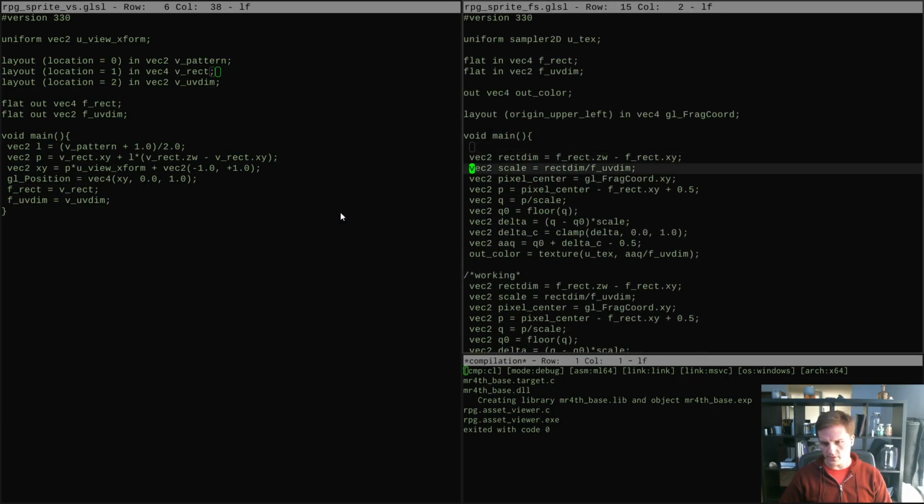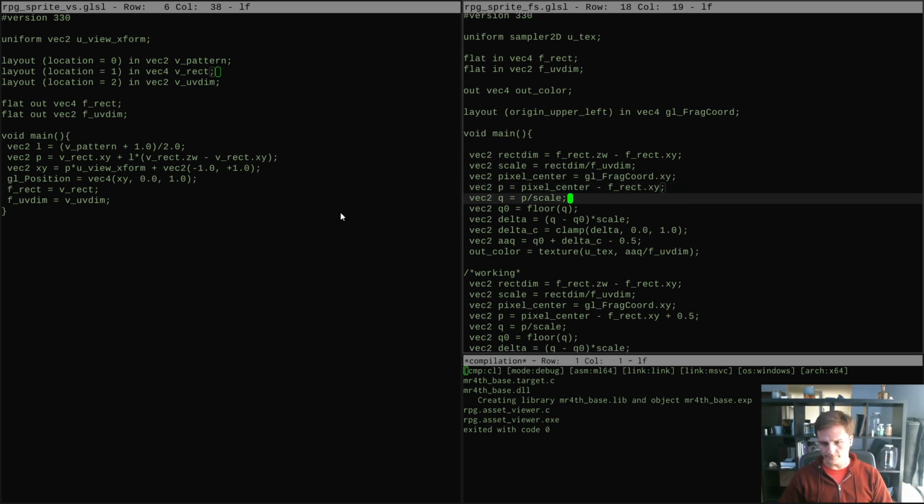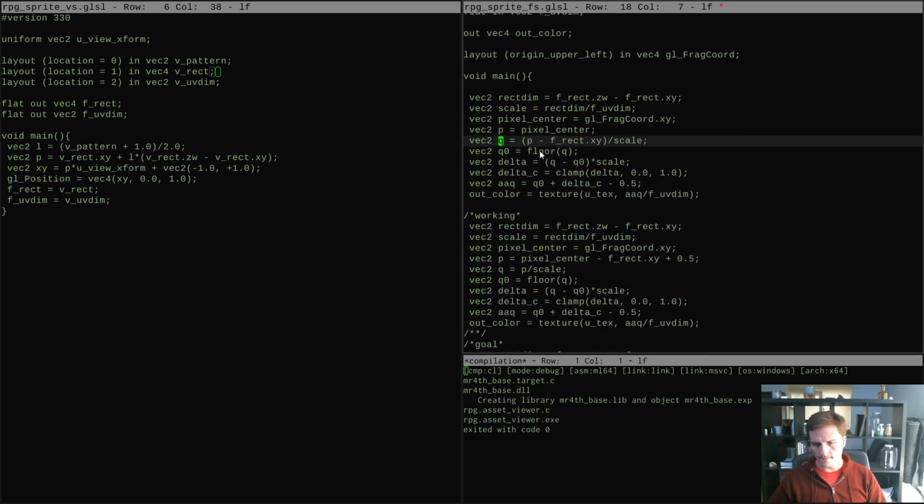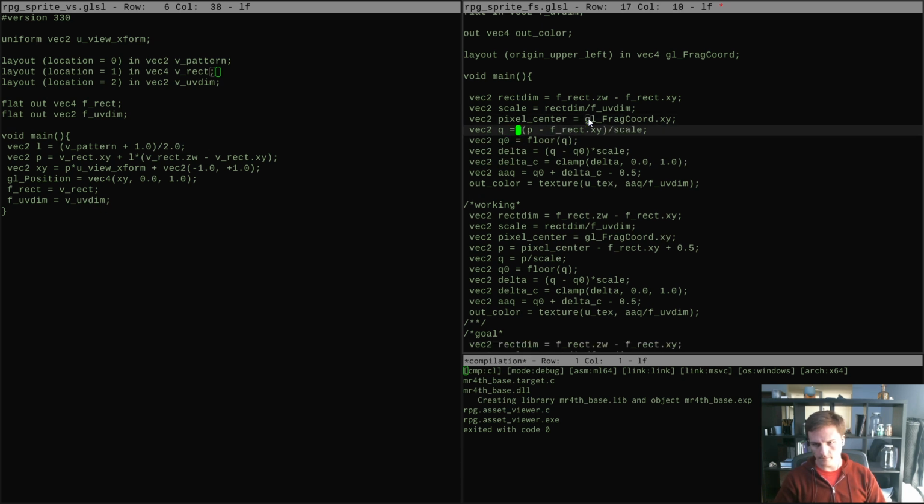That seems like it should just work. Let me just do this from scratch instead of trying to make it line up. So pixel center minus the origin. Q translates the pixel center, Q equals map P to Q. Round Q to the nearest integers.